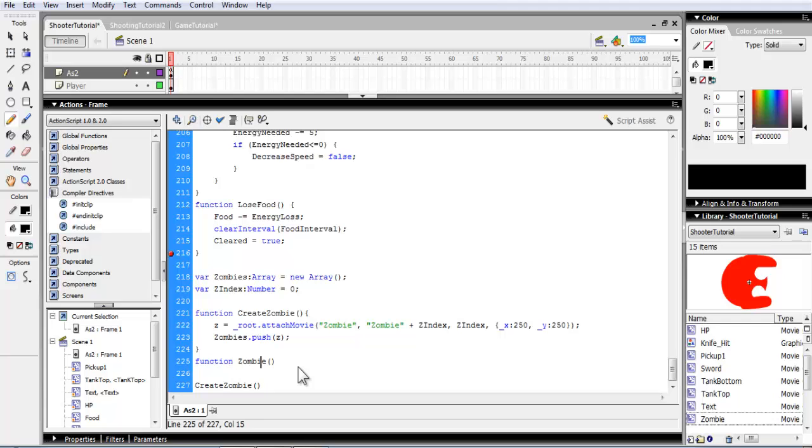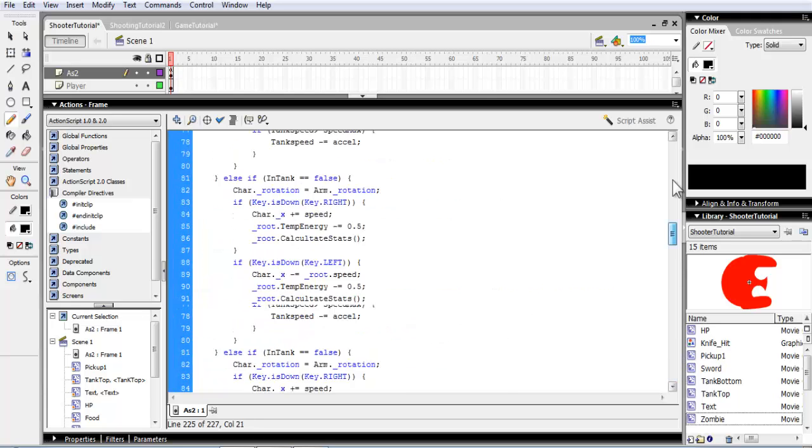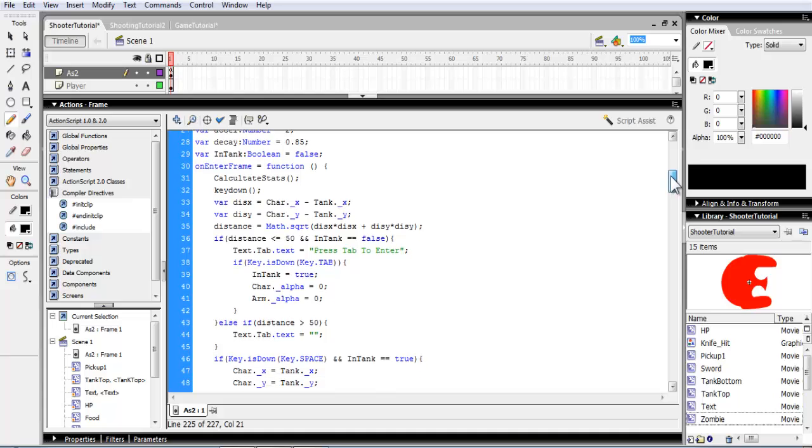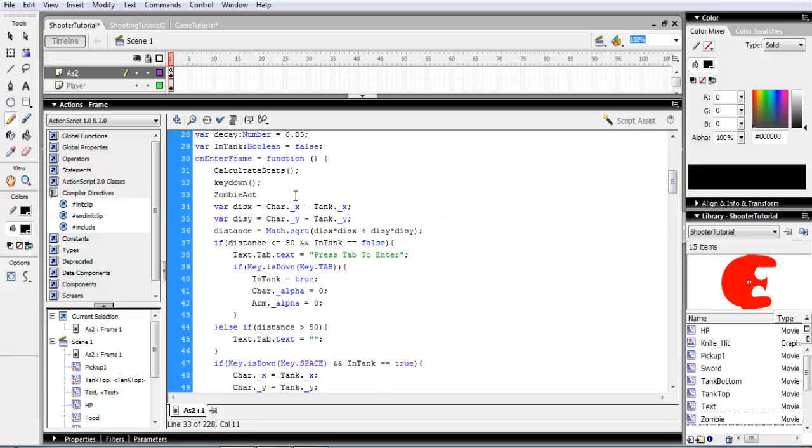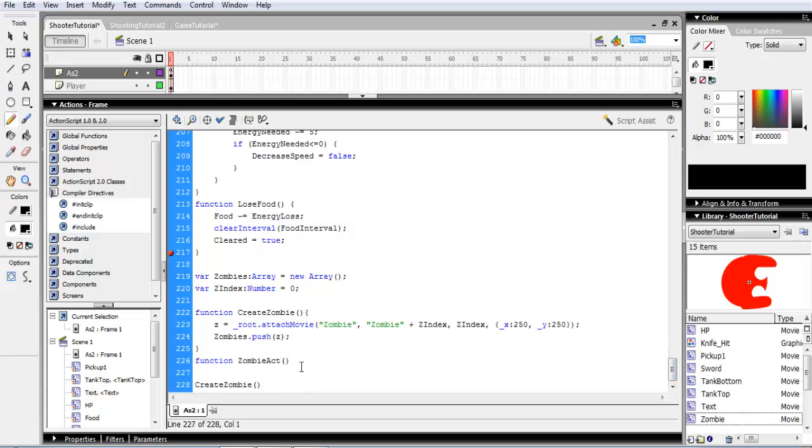Zombie, bring to walk, move zombie act. There, we're going to put this up on the enter frame function. Do we have it? We do. We're going to just put that there, because this is going to be called a lot, every frame. Zombie act. And in this function we're going to make a for statement.